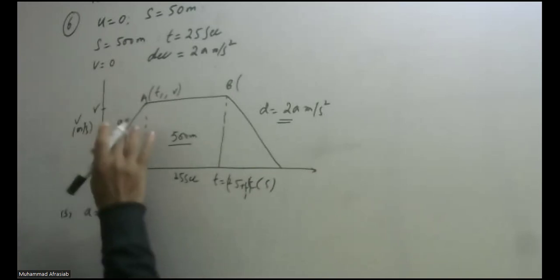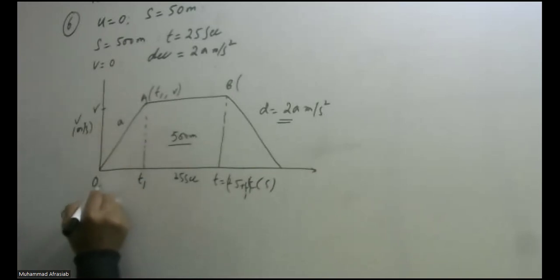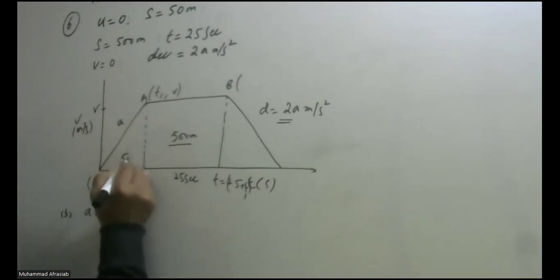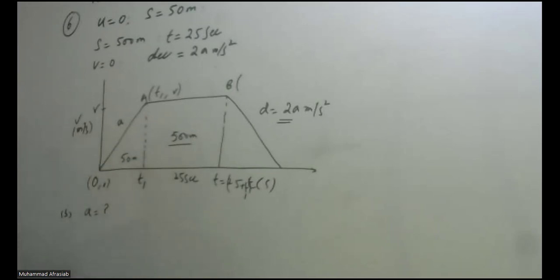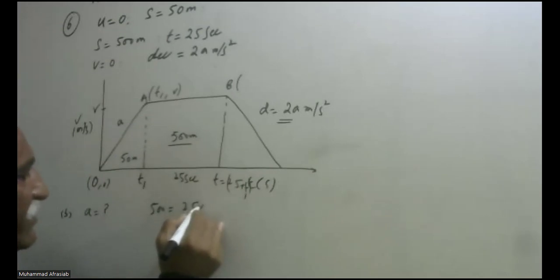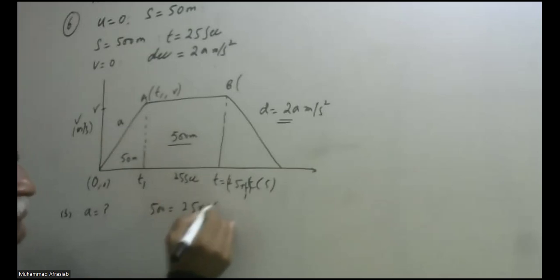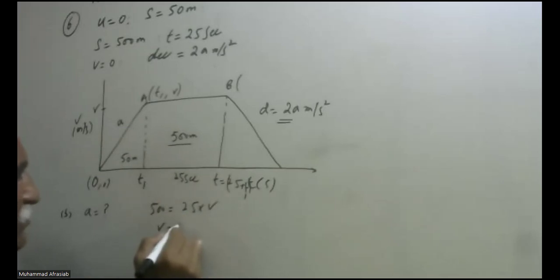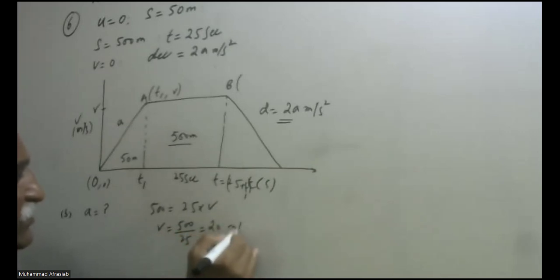Since the gradient of OA is from 0, 0 to T1 and V, and the total distance there is 50 meters, we will first calculate the value of V, because we know the distance is 500 meters and the time taken is 25 seconds. So V is equal to 500 over 25, which is 20 meters per second.